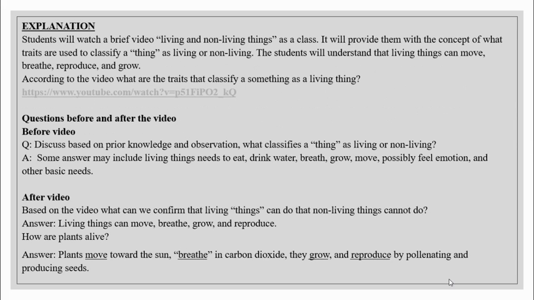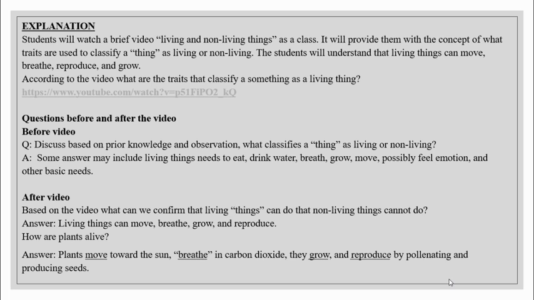For our explanation portion, students will watch a brief video called living and non-living things. This video will provide them with the concept of what traits are used to classify a thing as living or non-living.